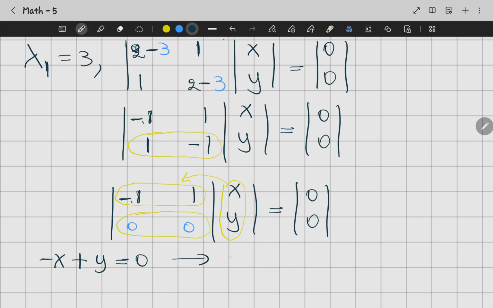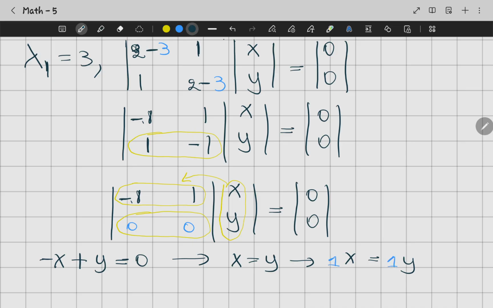Then I'm going to solve, so x equals y. If I get this form, that means we have 1 times x equal to 1 y. Let me write it in a different color.